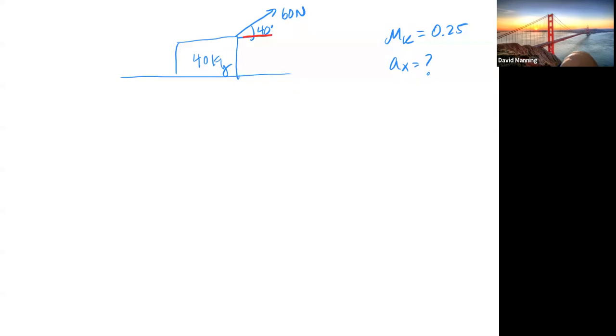We have 60 cosine 40 and 60 sine of 40. Normal force, the weight, 392 newtons, and Fk moving backwards on us.